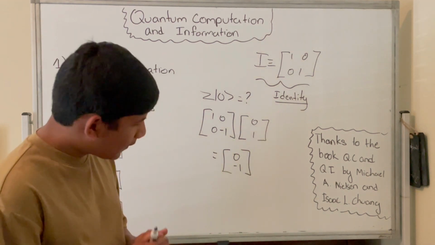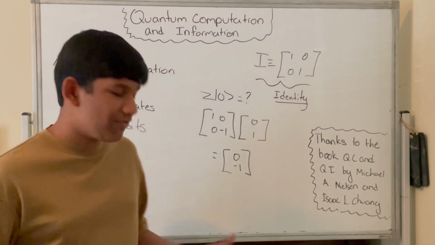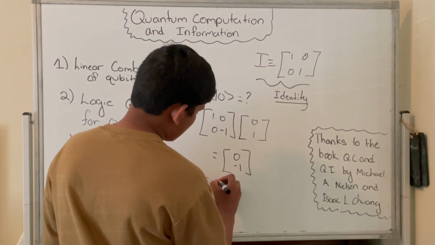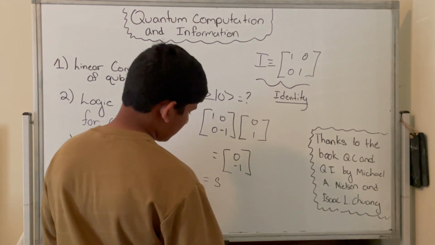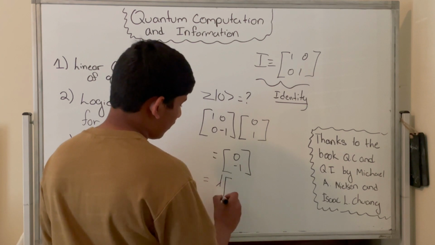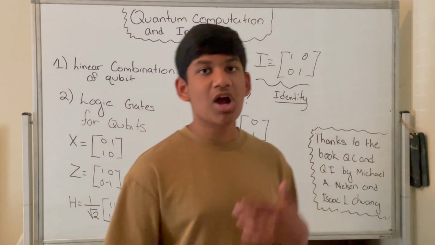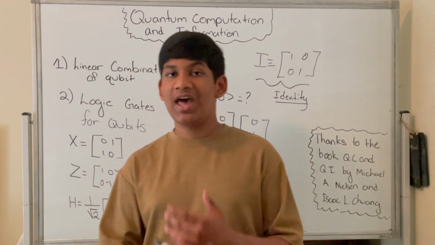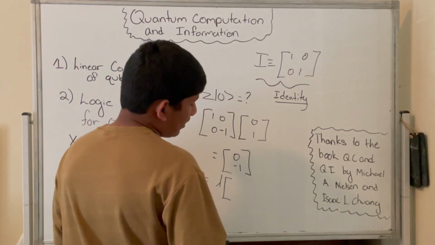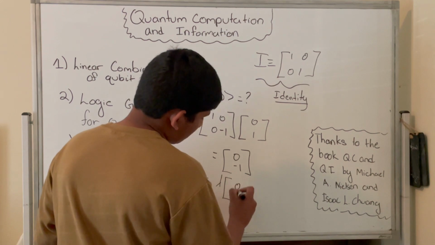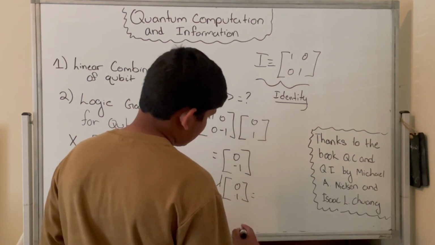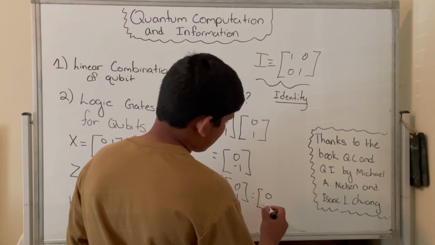Now you might be wondering, how is it different? Well, if you think about it, this is just a scalar, which we'll call lambda. The reason I'm using lambda is that in future videos, when we talk about eigenvectors, eigenvalues, and other important things, we're going to be using lambda all the time. So lambda times 0, 1 has to equal 0, negative 1.